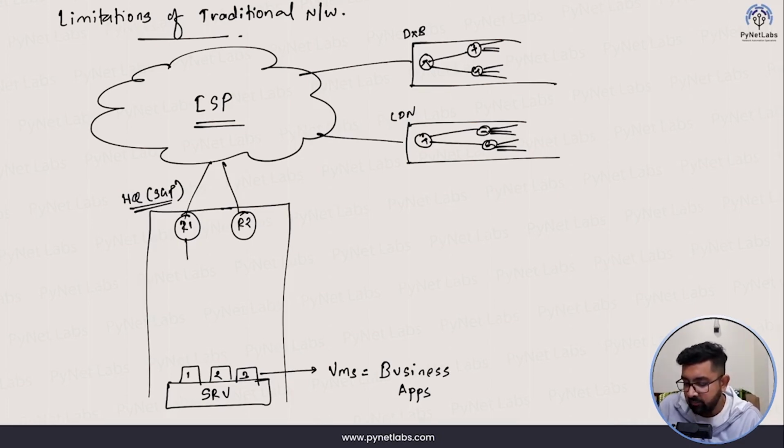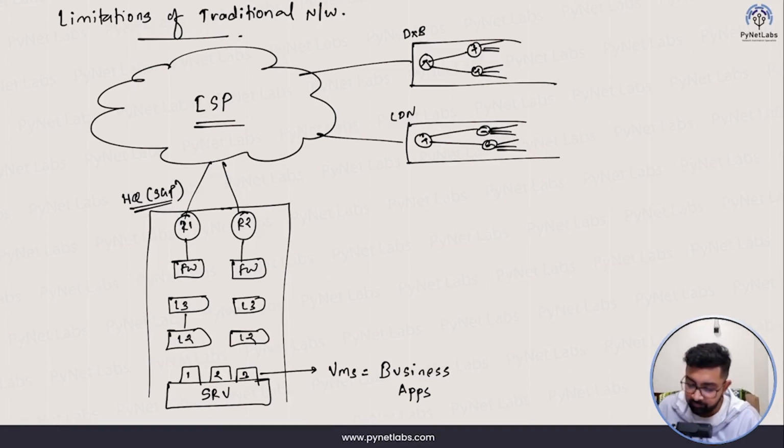Then we might have some internal security, so we have firewalls monitoring all the traffic. To be able to aggregate the traffic, we have layer 3 switches down. Then to be able to distribute the traffic, we have layer 2, and then that connection goes to the server.